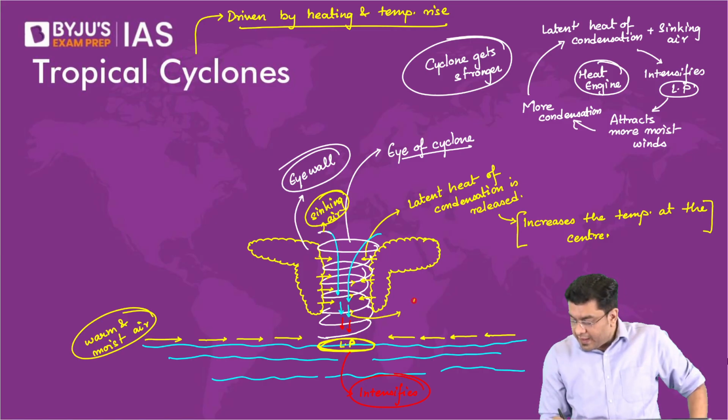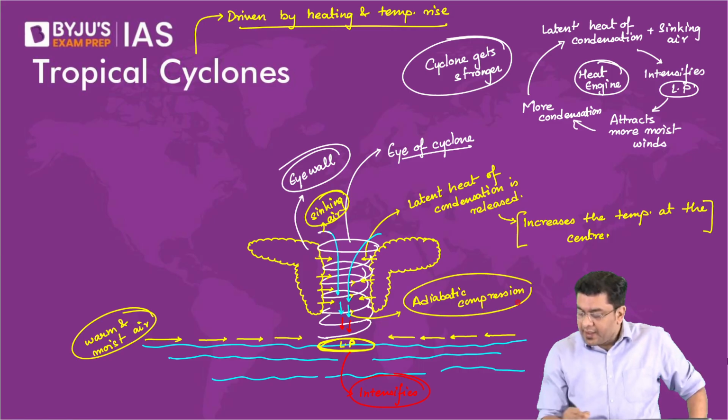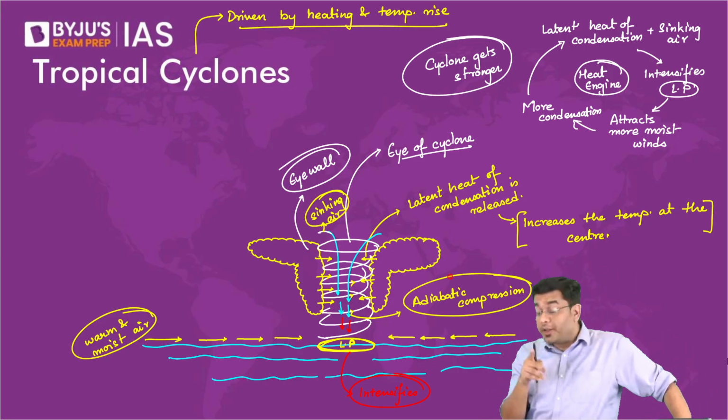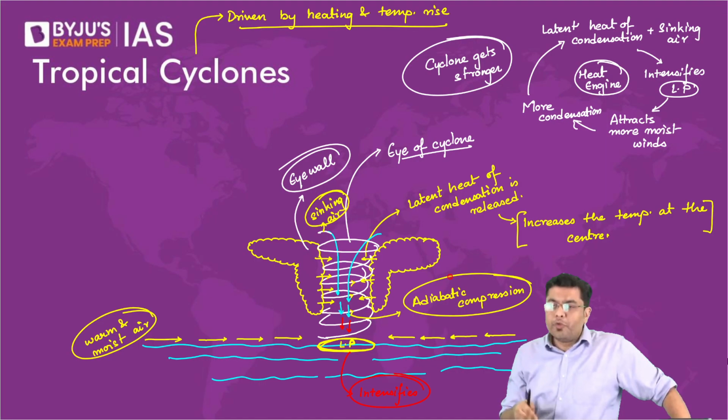There is adiabatic compression, which will further intensify the low pressure. That is how the cyclone gets stronger. That is the reason why this cyclone will always get created only over the region of a water body. Because over the water body, you will have the presence of moist air.